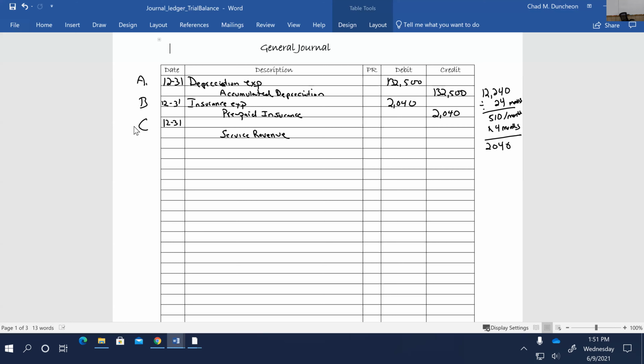So service revenue, 5,450. It remains unbilled. Even though it's unbilled, we performed the services, so people owe us. So since people owe us, we're going to debit the asset accounts receivable for the 5,450.